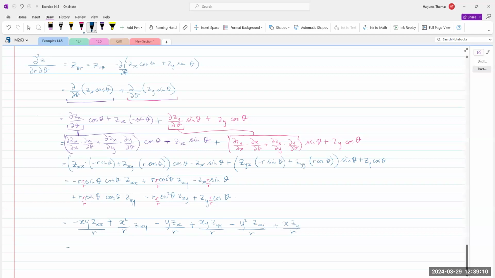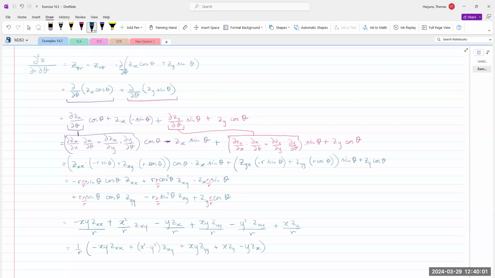Okay, if I put them together, that's 1 over r times negative xy z sub xx, and I want to mix this guy and that guy, plus x squared minus y squared z sub xy plus xy z sub yy, and then plus x z sub y minus y z sub x.